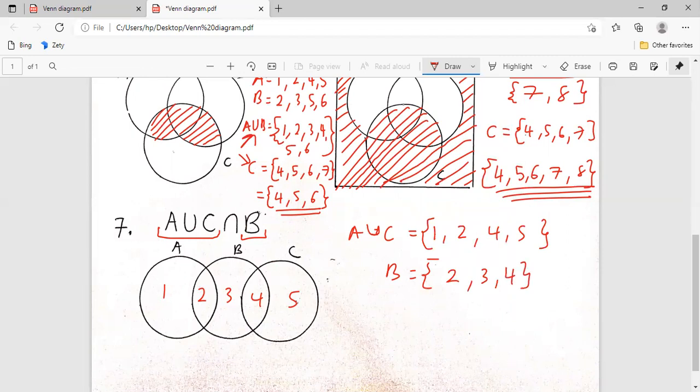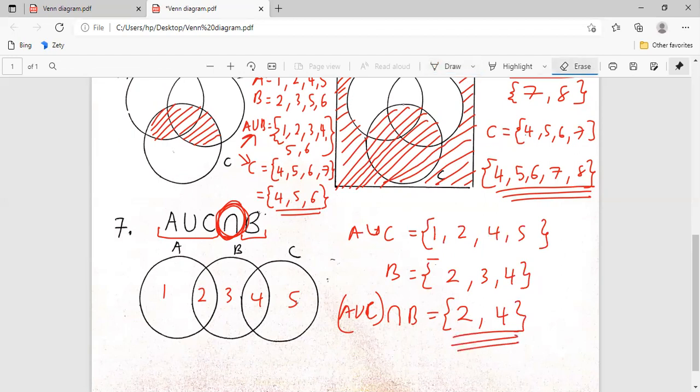Yes. Then let's look at the symbol. What is the symbol between the 2? The symbol between the 2 is intersection. So we need to know A union C, this one, which chambers are intersecting with B. And we would see the chambers intersecting is 2 and 4. That means we only need to shade the chamber 2 and the chamber 4.